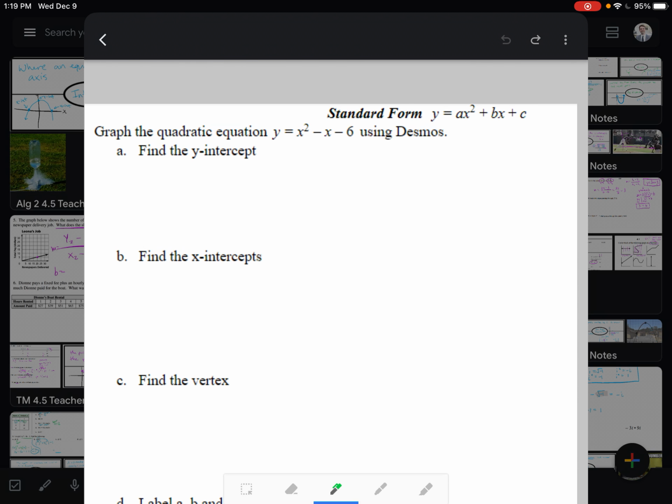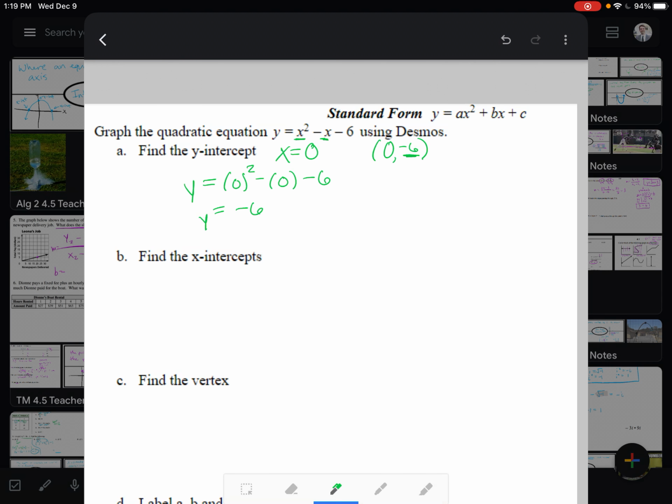So first things first, the y-intercept is where we cross straight up and down the y-axis. So this is where x equals 0. That's always true for y-intercepts. They're always 0, comma, something. So that's our job to find that. So we can actually just plug that in. So y equals 0 squared minus 0, substituting for our x's here, minus 6, or y just equals minus 6.